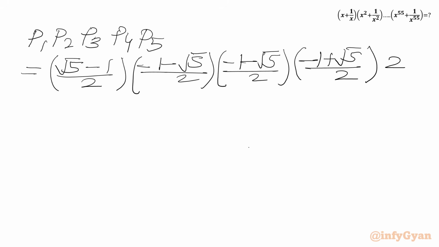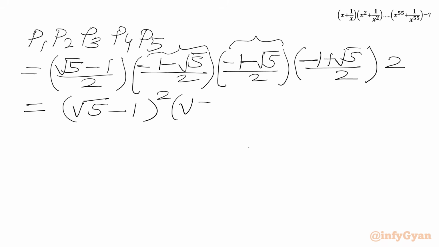Now we'll take minus common from this bracket and this bracket. Minus 1 times minus 1 becomes plus 1. So we will write (root 5 minus 1) whole square, (root 5 plus 1) whole square. The denominator will be 2 times 2 times 2 times 2, 16, times 2.